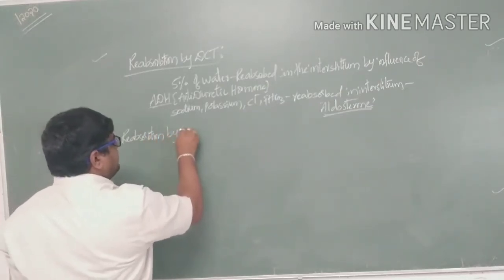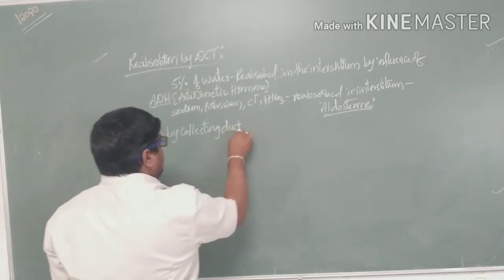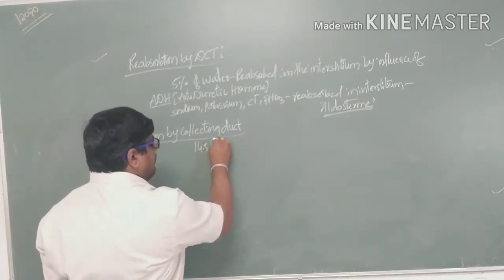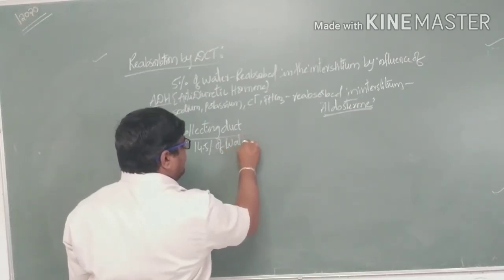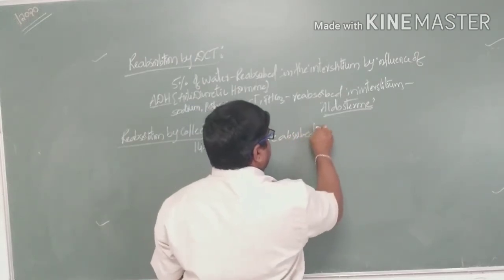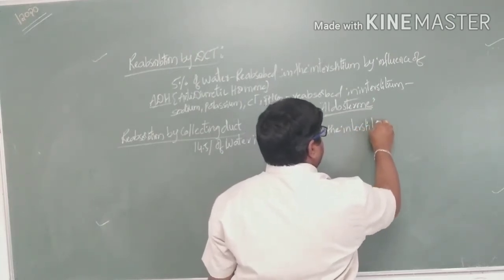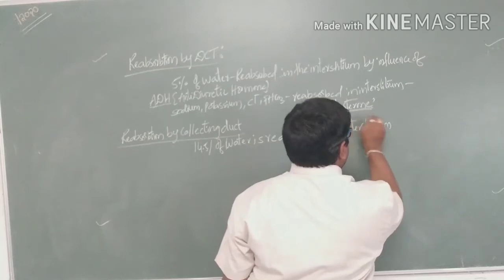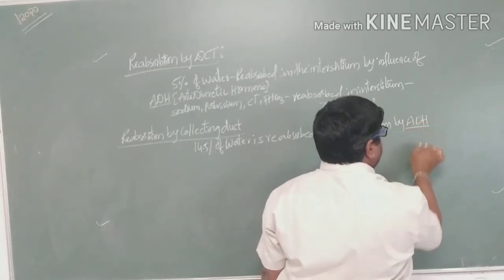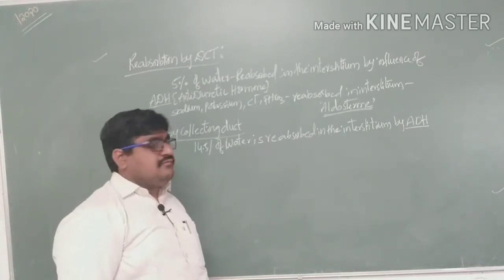And also there is reabsorption by the collecting duct. Here in the collecting duct, 14.5% of water is reabsorbed into the interstitium by the ADH hormone, with the help of antidiuretic hormone.